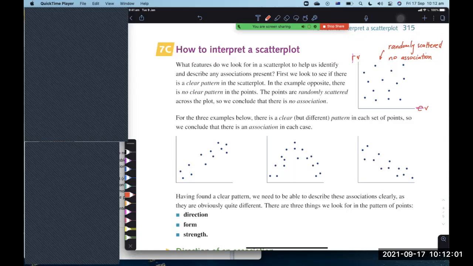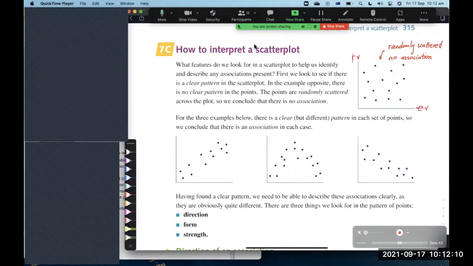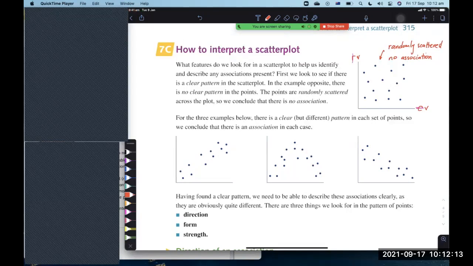All right. You can see that down here, there are some patterns, and here as well. We call this pattern here a linear pattern. And the second thing is that we can say that there is a positive relationship. There's two things, yeah?